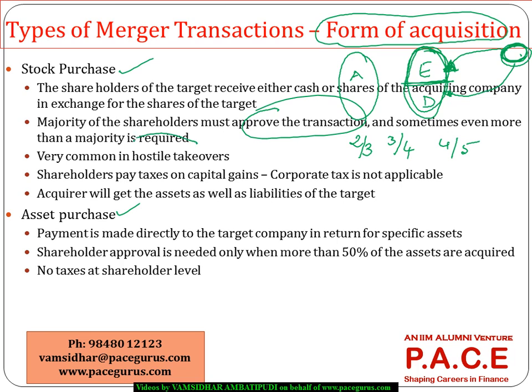Especially in hostile takeovers, where the management of the target is not willing to surrender, not willing to sell off, not ready to agree to the merger, you will find these kinds of stock purchase transactions wherein the acquirer directly comes in contact with the shareholders of the company.